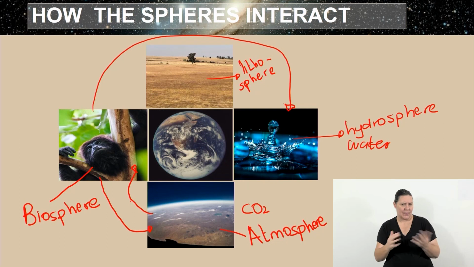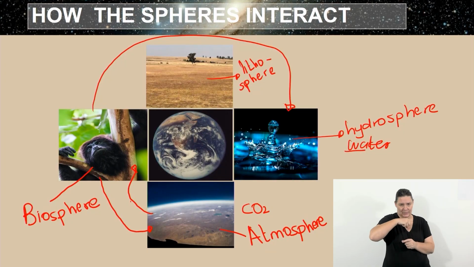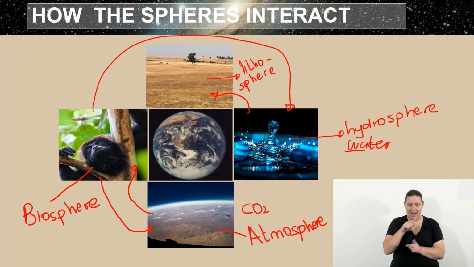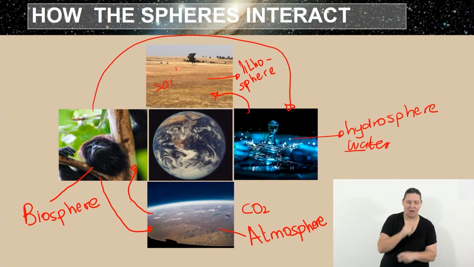Now, remember, we said photosynthesis is a good example to explain how all these different spheres work together. So remember, during the process of photosynthesis, we need the water from the soil. So this is when the water now interacts with the lithosphere. Remember, in the lithosphere, this is where we get our soil, our sand, our rocks, our mountains.